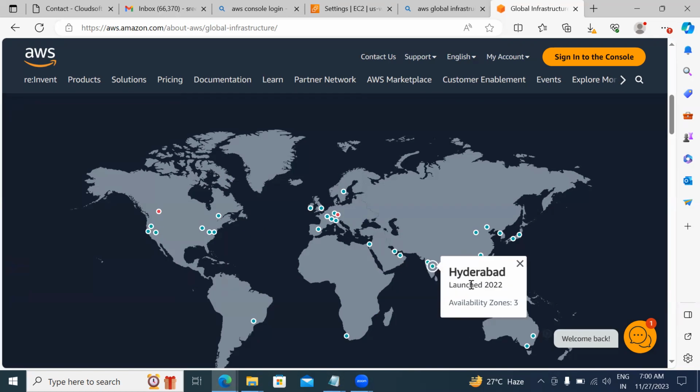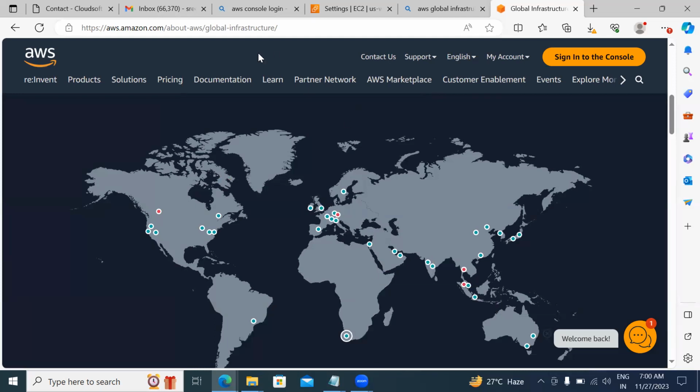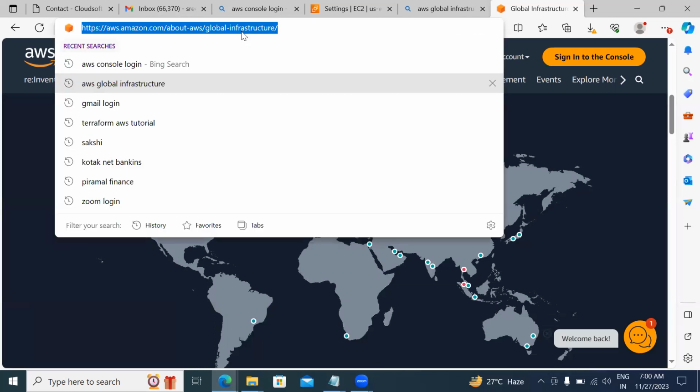Hyderabad launched in December 2022, 3 zones. Mumbai 2016, 3 zones. Okay, so just check this one when you have time. And go through what are those wavelength, local, outpost, just go through the documentation.